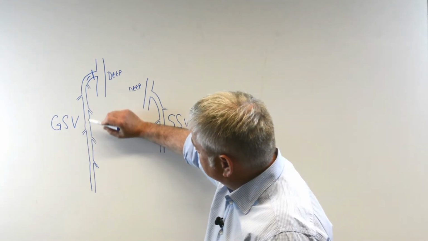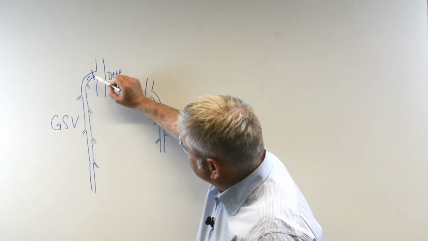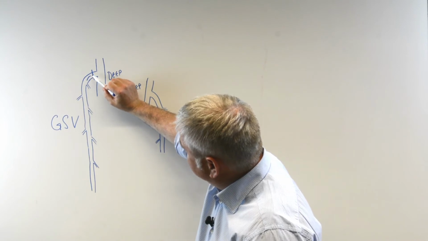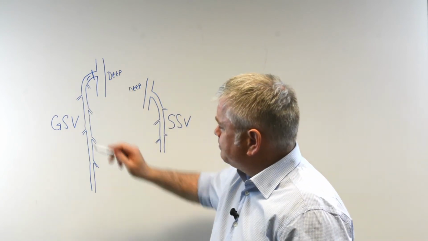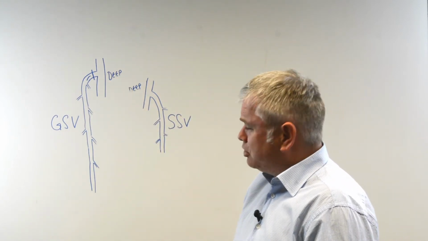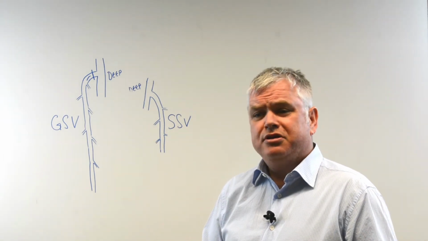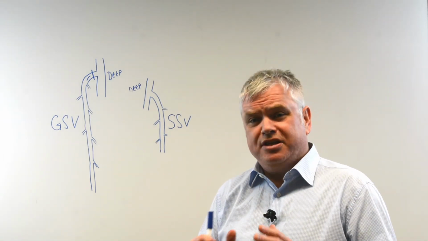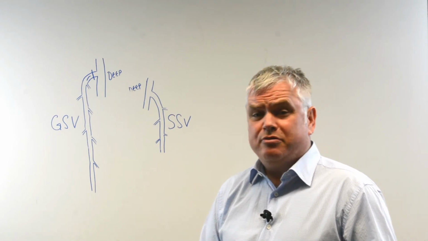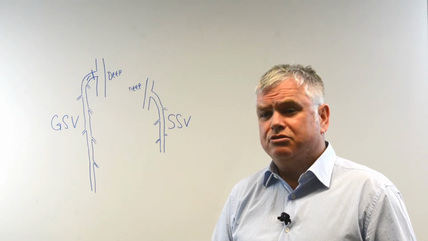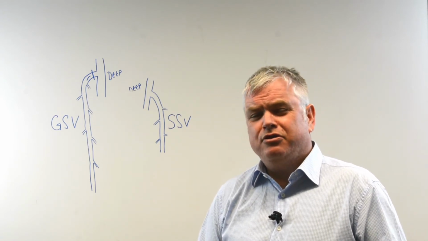The catheter is placed up the great saphenous vein, again just adjacent to where the vein enters the deep vein, and the glue is then delivered as the catheter is removed, and the glue then causes the vein to block off.